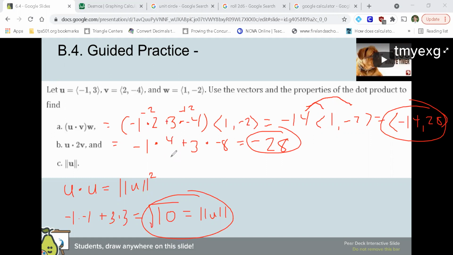That's actually the exact same thing, right? It's the component squared plus the component squared, square root. So in other words, the magnitude of any vector is the square root of its dot product with itself.